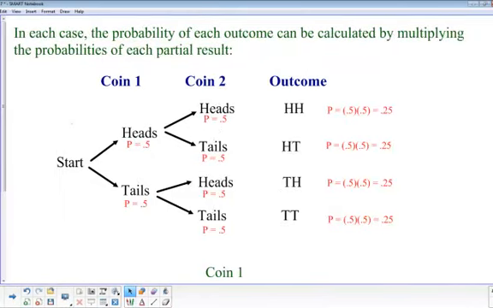Each probability is half. We have a 50-50 chance of getting heads or tails. So heads, heads is a 25% probability. You could also think of that as 1 out of the 4 in the sample space. Heads, tails, and tails, heads are each 1/4, and tails, tails again is 1/4. So each one is 1/4.